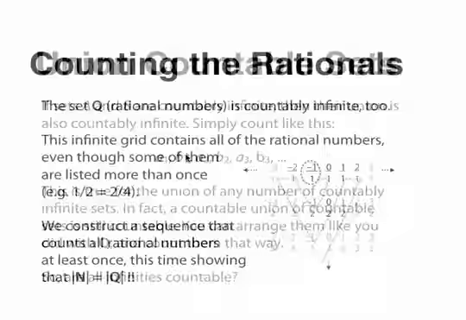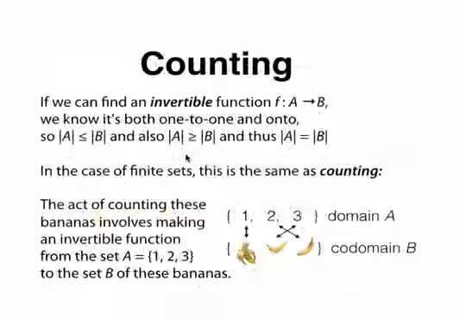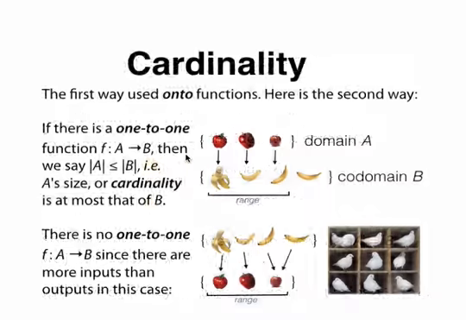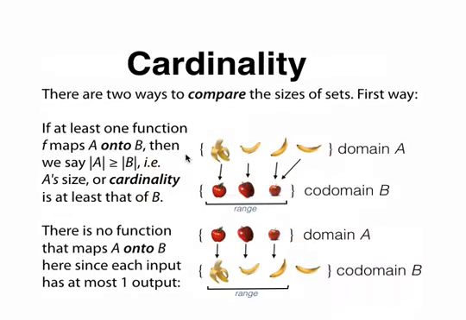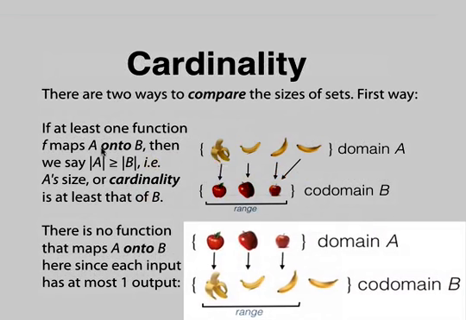It's the same concept that we had all the way back here, where we said, if you cannot find an onto function, you cannot find a function mapping all these apples to all these bananas. There's simply not a function out there that can cover all these bananas. It means that that set is more numerous.